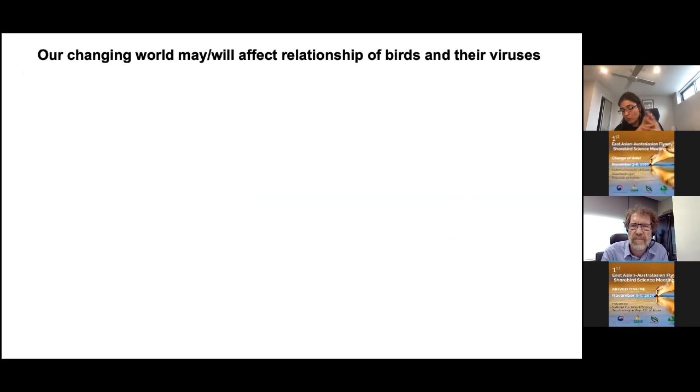For example, we have relationships with the bacteria and viruses that are around us all the time. But if we as humans become immunodeficient or have an immune problem, we may fall susceptible to viruses and bacteria that live on our skin and that are part of our healthy microbiomes. And one of the concerns for shorebirds is that this might be the case.